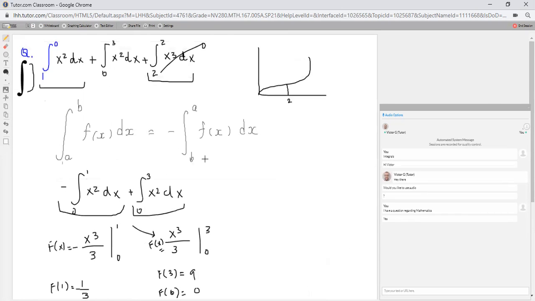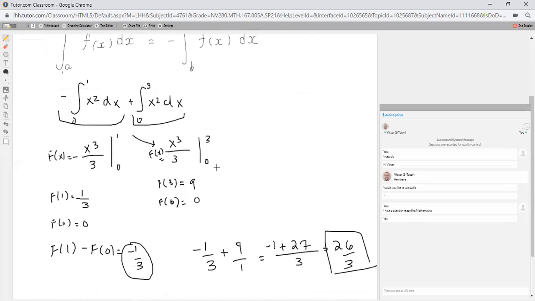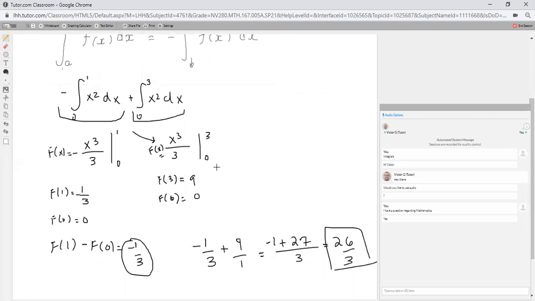Okay. And you were mentioning a trick, maybe? Yeah. It wouldn't make much of a difference, but if you think about it geometrically, what is the first integral doing? We are taking away this area between 0 and 1, right? Yes. So I'm going to put that in red. And the second integral is calculating the area between 0 and 3. So we are taking this whole area.